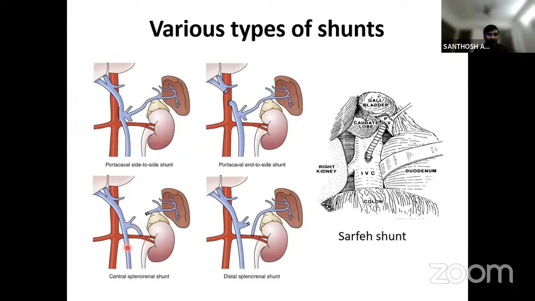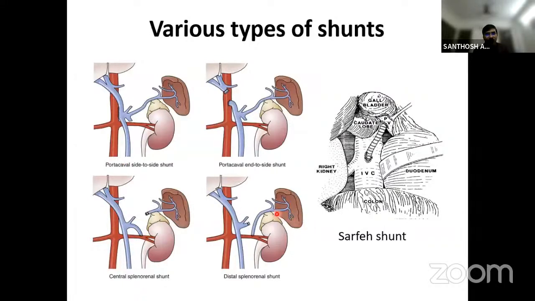So this again is a non-selective shunt. So this is Warren shunt, in which the splenic vein is ligated, the spleen is kept intact, and the distal splenic vein is anastomosed to the side of the renal vein. Now, why is it called selective and non-selective shunts? See, non-selective shunt means whatever blood is coming from the portal system is directed into the systemic system through the IVC directly or through the left renal vein.